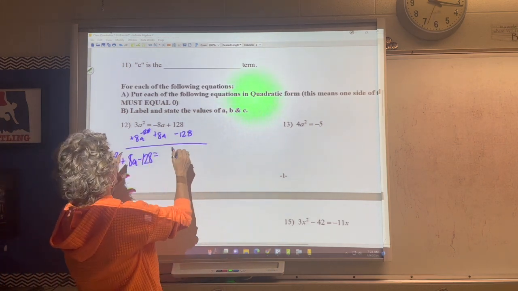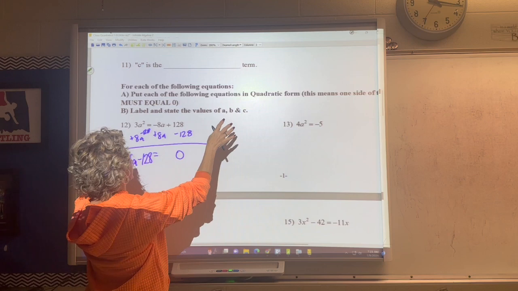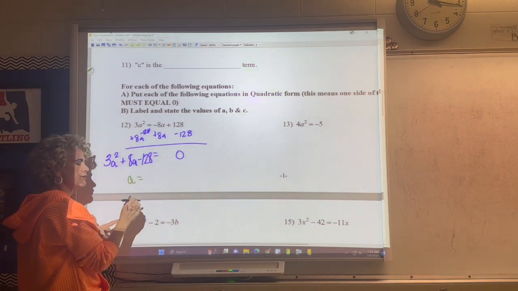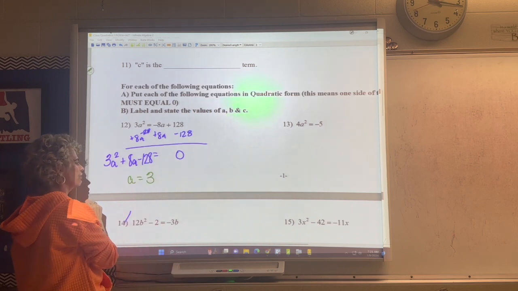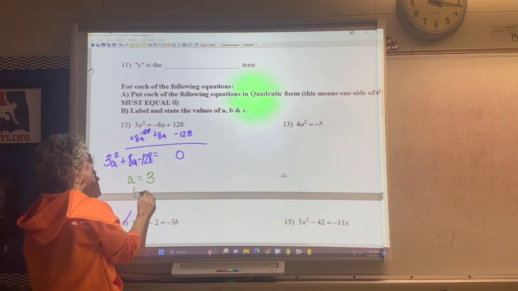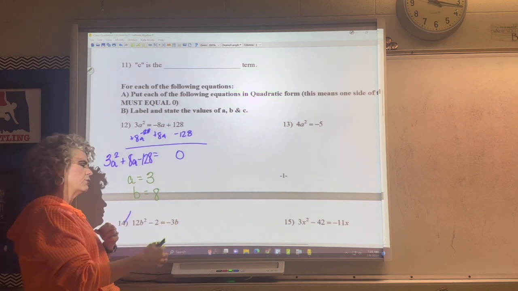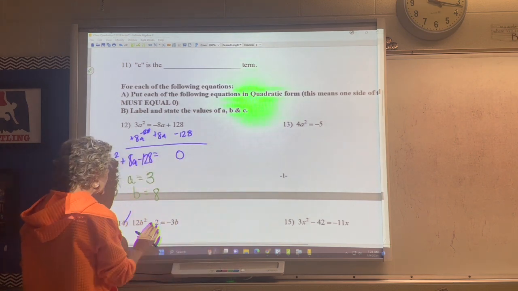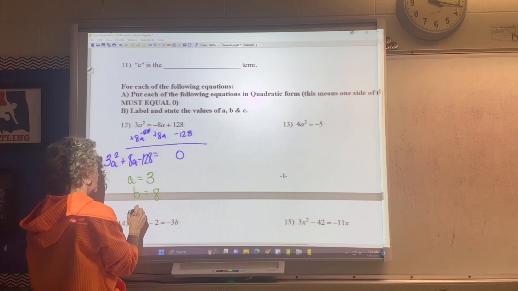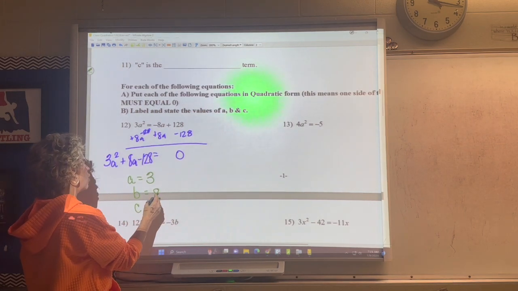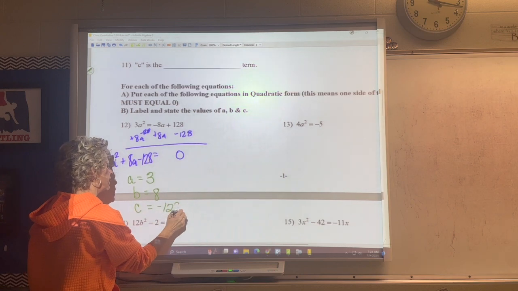Now that I've done that, I have to label and state the values of a, b, and c. Well, a is the coefficient of your quadratic term, which is 3. B is the coefficient of your linear term, which is 8. Remember, keep the sign with the number. And C is your constant, the number all by itself, negative 128.